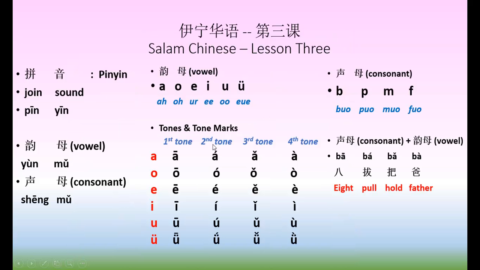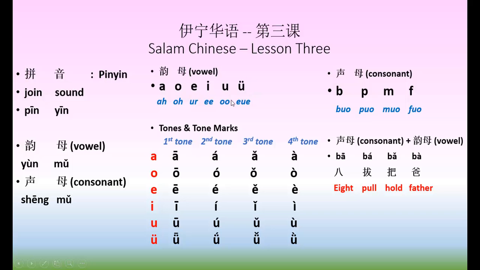Okay, as a recap, today we learned Pinyin, the Chinese phonetic symbols, which literally means join sound together to get the pronunciation of a Chinese word. Pinyin has 2 different components, yunmu, vowel, and shengmu, consonant. They are also called finals and initials.